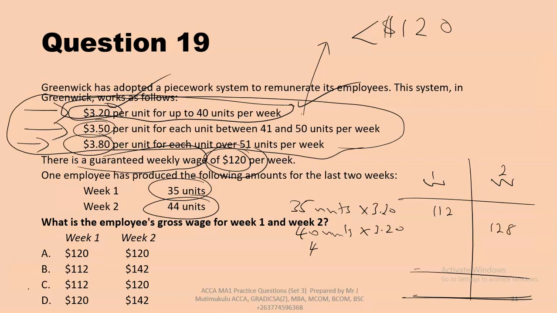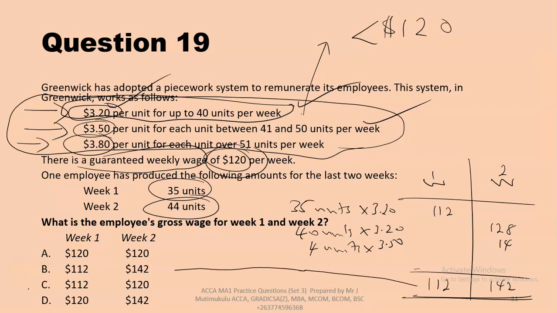The 4 additional units are paid at the rate of $3.50, as you can see on the screen. This gives us 14. Remember, this is now week 2. So let us add these amounts. This one is 112 for the first week, and this one shows that we need to pay this guy 142.